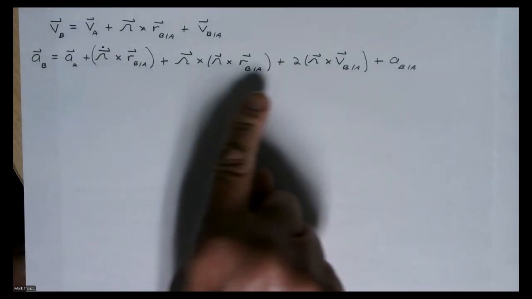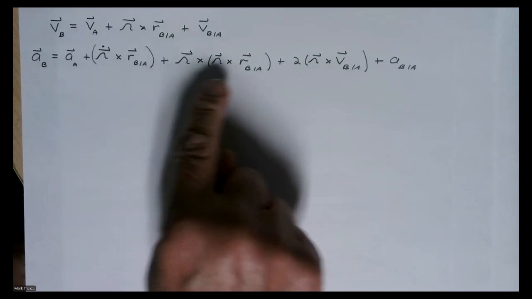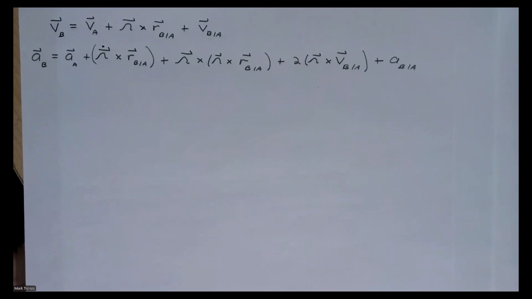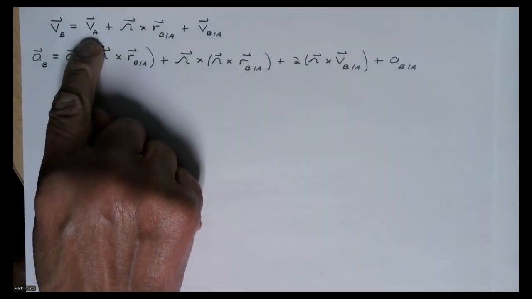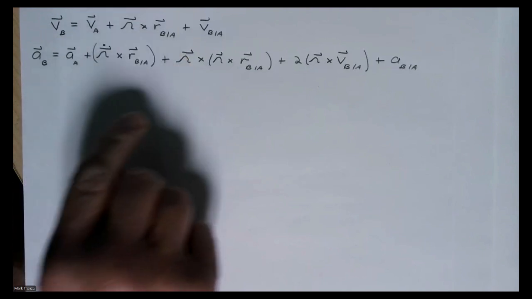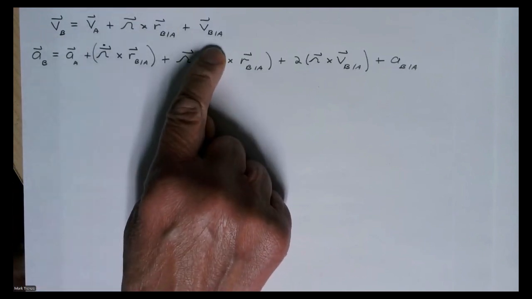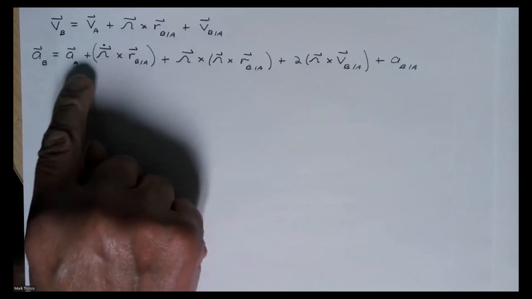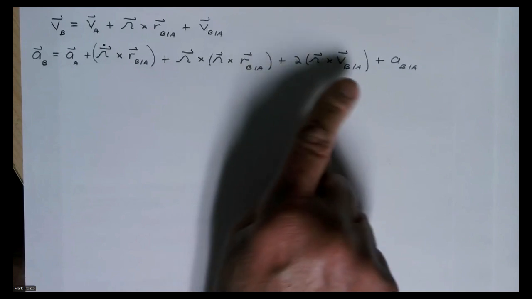I wrote them out here. I added some parentheses in some cases here and here just for clarity. But now we've found everything on the right. We found VA, omega, RBA, VBA. We found omega dot, acceleration of A, RBA, etc.